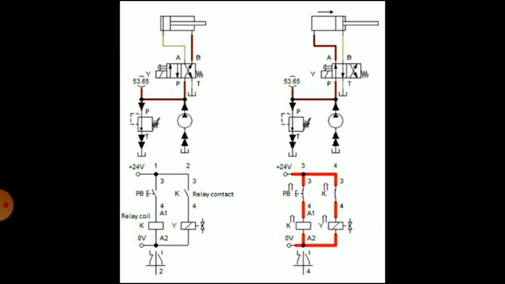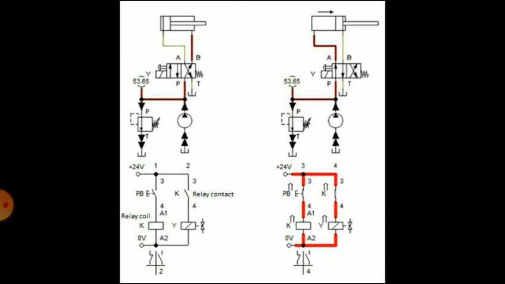So in the hydraulic circuit, first it is the normal position. In the normal position you can see in the hydraulic circuit there is a pump that pressurizes the fluid, and there is a pressure relief valve to maintain constant pressure throughout the system.